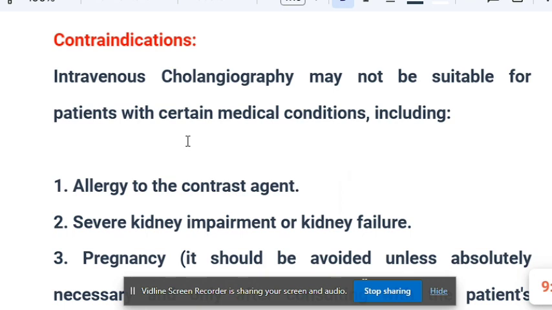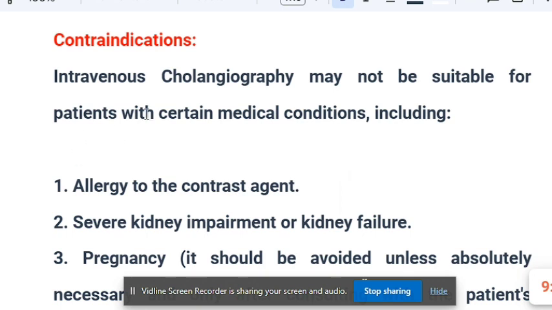Then there is one more option, that is the non-invasive procedure of ultrasound. Ultrasound is one of the best modalities by which we can detect any type of abnormality related to the gallbladder or biliary duct. So don't worry, if a person has any allergy or any contraindicated condition, then we should send for ultrasonography.